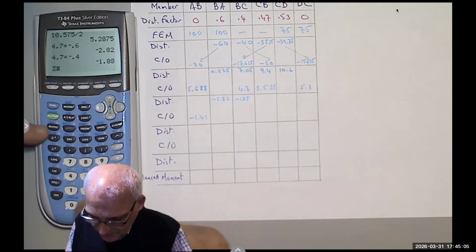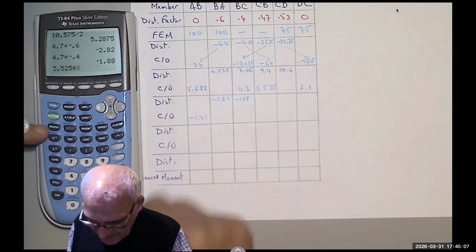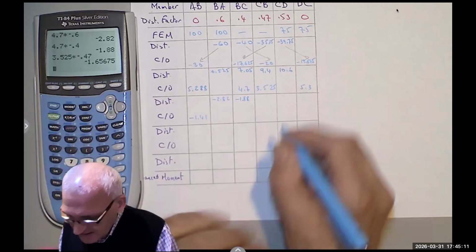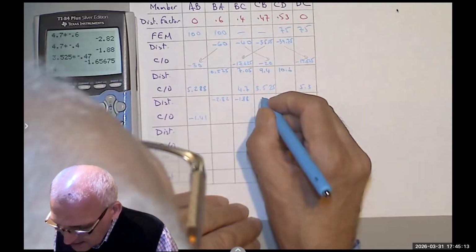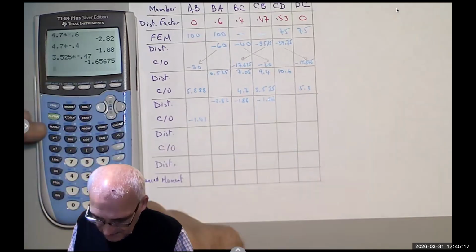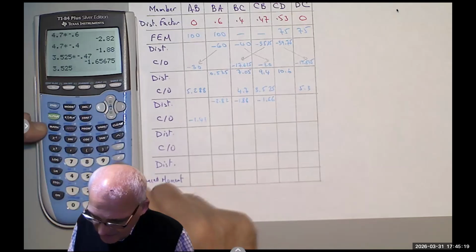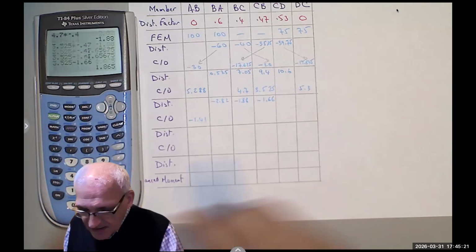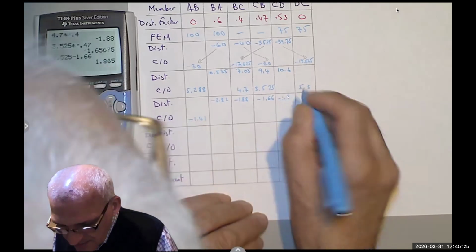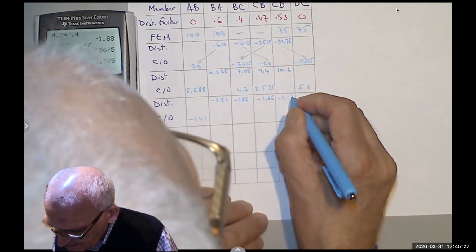The 3.525 times negative 0.47, again, we'll have to approximate here. So negative 166, and 3.525 minus 1.66 is negative 1.87.